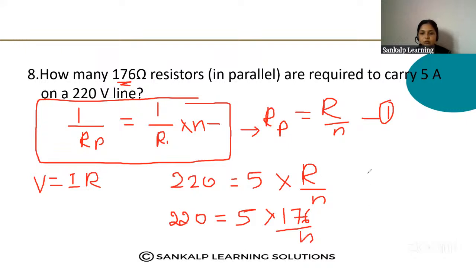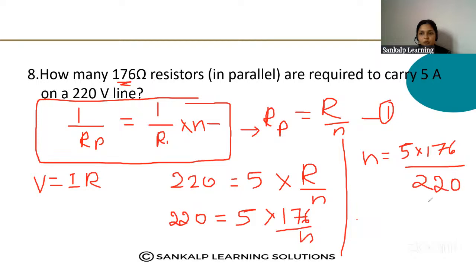N is equal to, how can you write? N is equal to 5 into 176 divided by 220. Yes, this is correct.